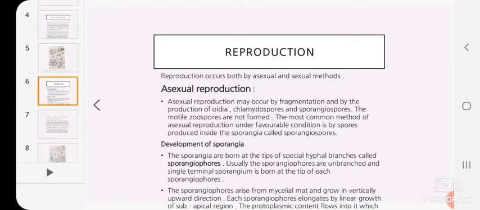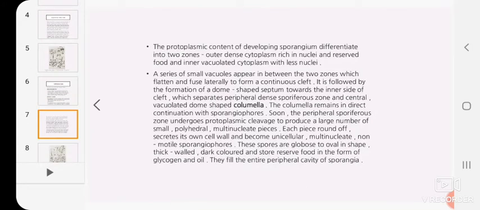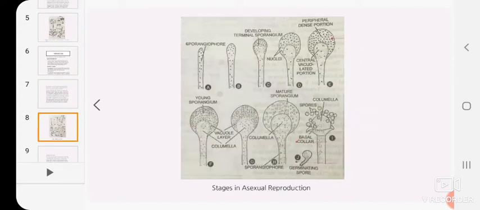You can see the diagram. How this development of sporangia takes place, I'll explain to you from this diagram. Now you can see here that erect hyphae are there on which the sporangia are developed.